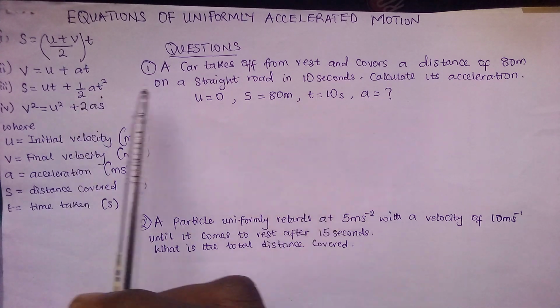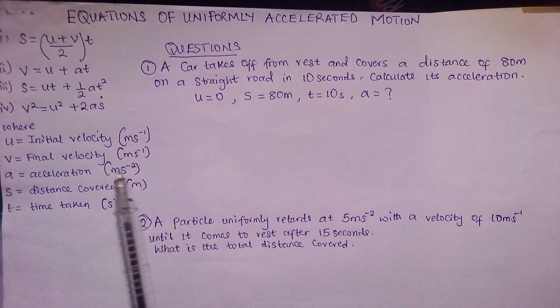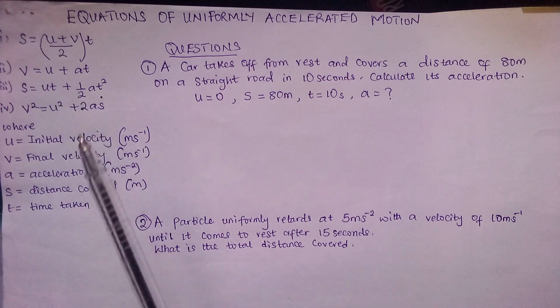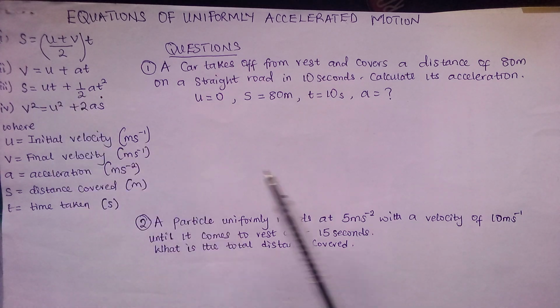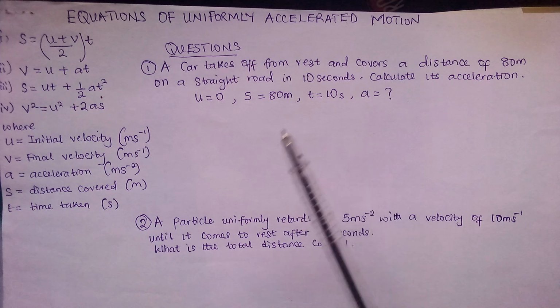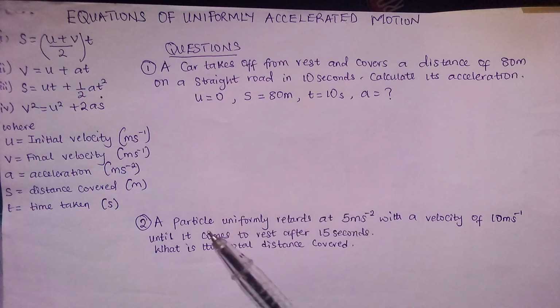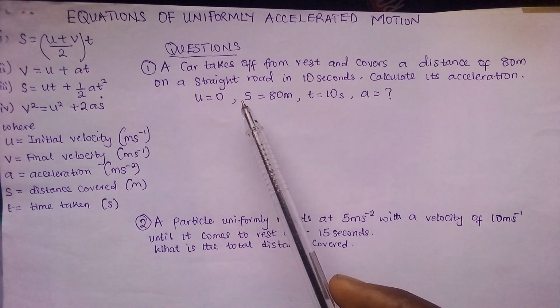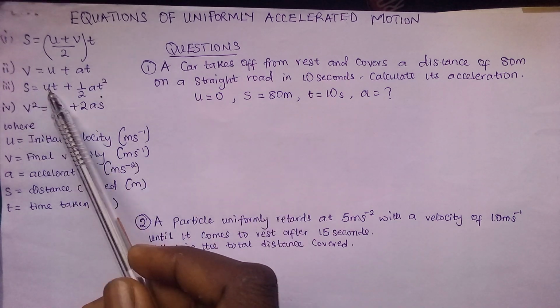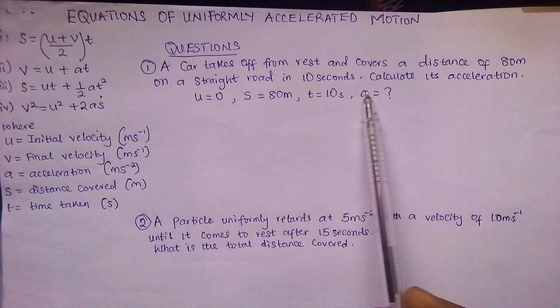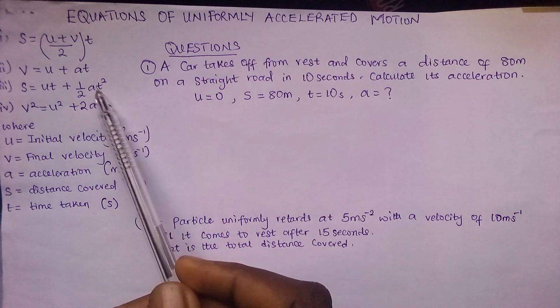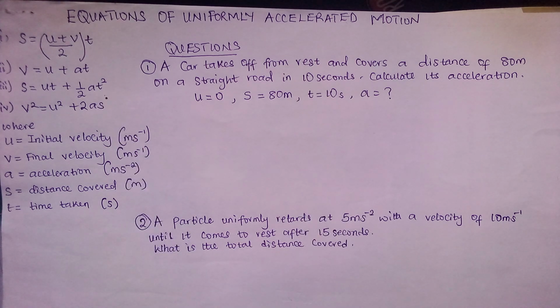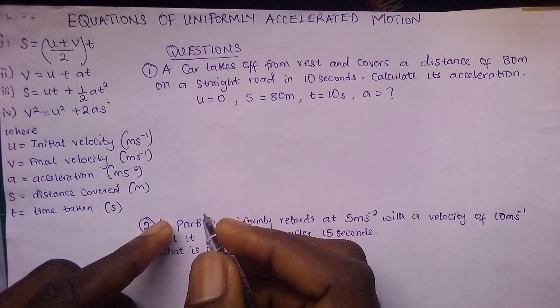So this third equation is best fitted. The equation that has all the parameters given in the question represents the most suited equation to use. So without further ado, we're going to use the third equation.